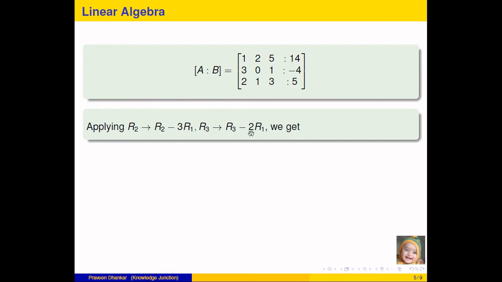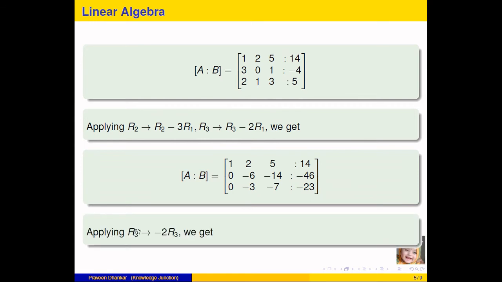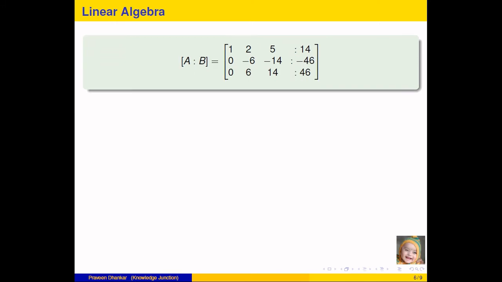So we have 1 2 5 14, 0 minus 6 minus 14 minus 46, 0 minus 3 minus 7 minus 23. We multiply R3 by minus 2, so the augmented matrix turns into 1 2 5 14, 0 minus 6 minus 14 minus 46, 0 6 14 46.